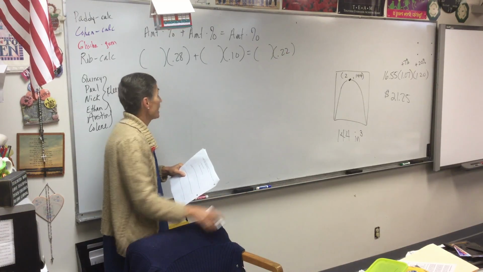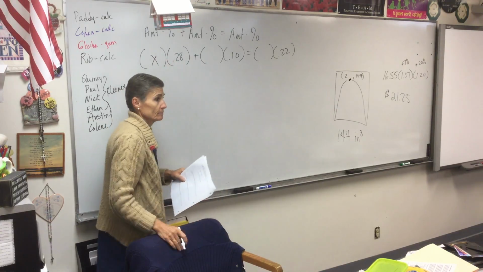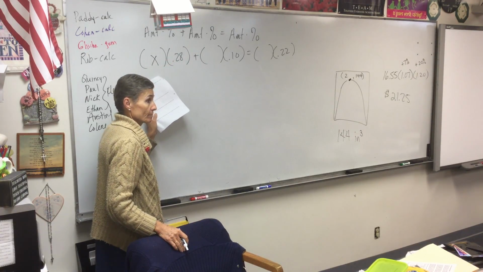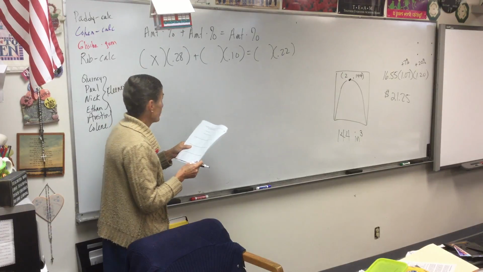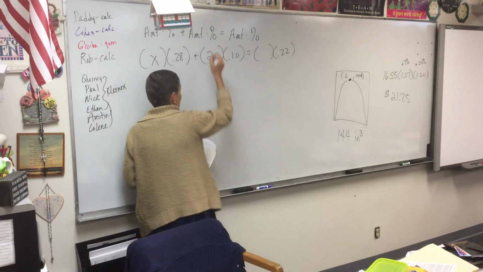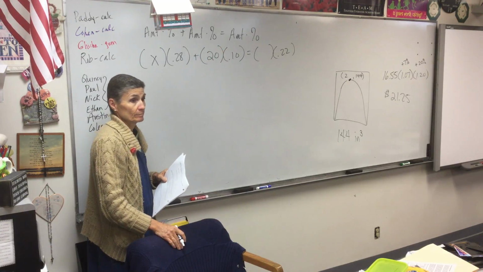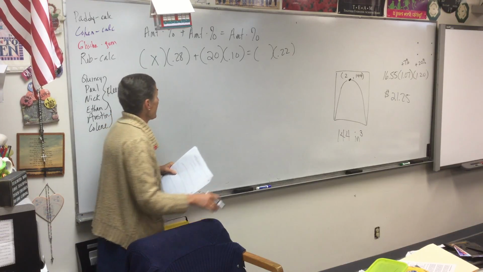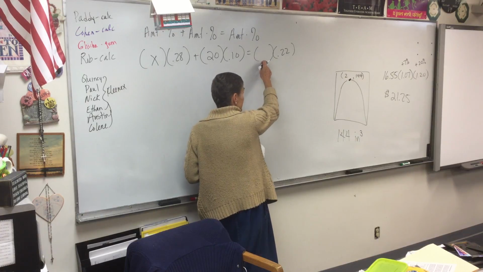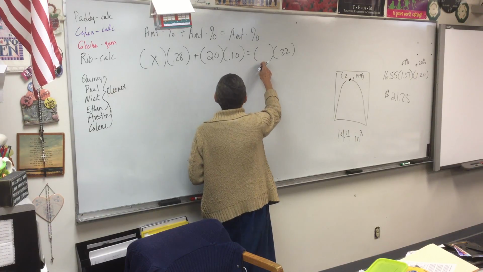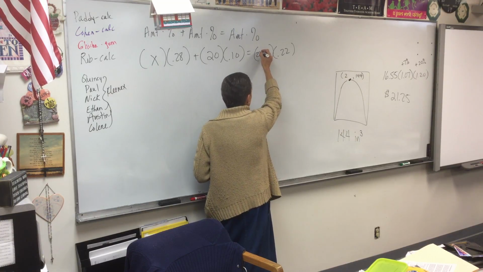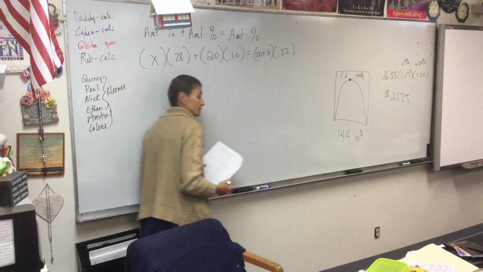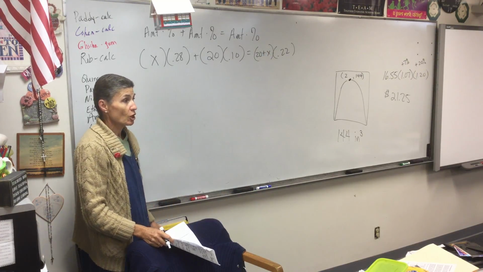Yes. How much should be mixed with 20 cups of 10%? Do I have the 20 in the right spot? Yeah. Now, the blank is in this location in the equation, which means I'm going to do 20 plus X. It's the total.